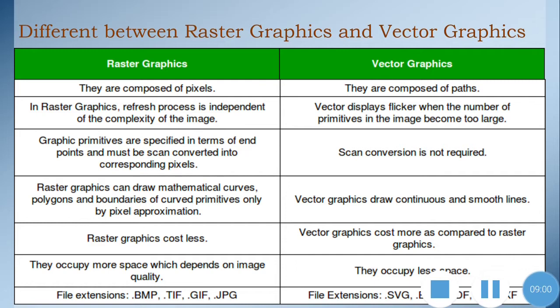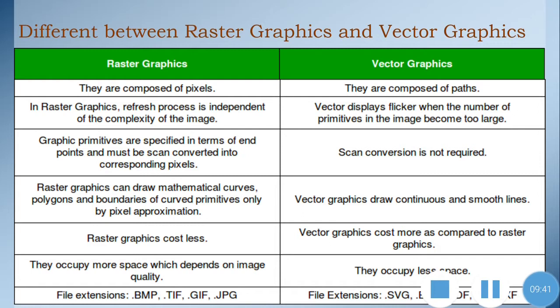Raster graphics can draw mathematical curves, polygons and boundaries of curved primitives only by pixel approximation. Vector graphics draw continuous and smooth lines. Raster graphics cost is less. Vector graphics cost is more compared to raster graphics. Raster graphics occupy more space, which depends on the image quality.